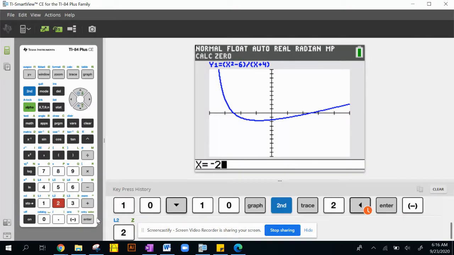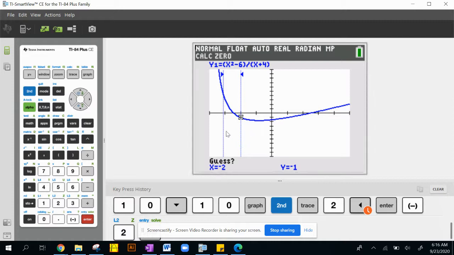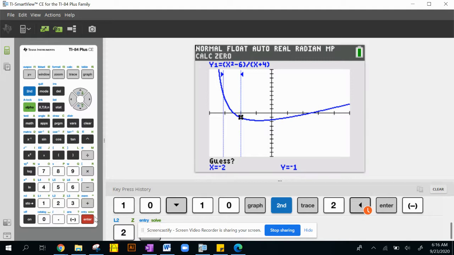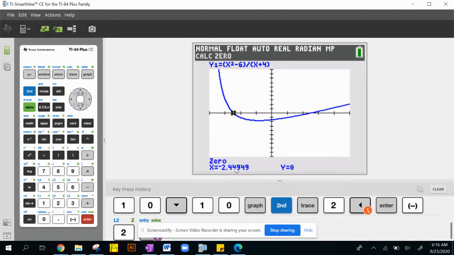-2 is to the right of that zero, and hit enter. So if my zero is between these boundary lines, then I hit enter for my guess. Otherwise, if there's more than one, you could move it closer and take a guess, but I'm just going to hit enter, and there we go, negative 2.44949. So that's my first zero. Now I'm going to do the same thing for the second. Maybe you guys should try it out and make sure it matches up.